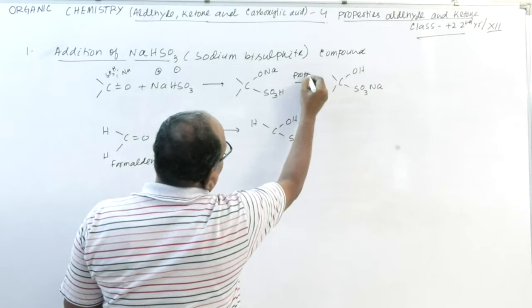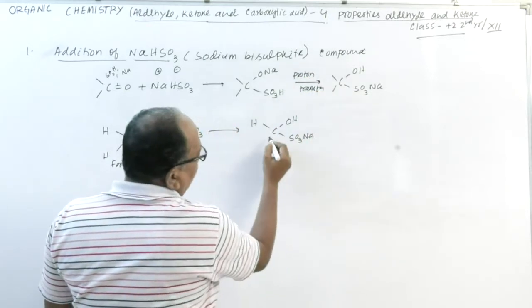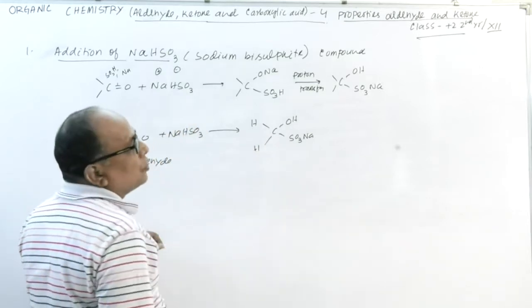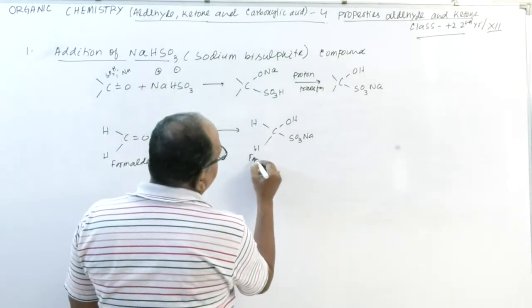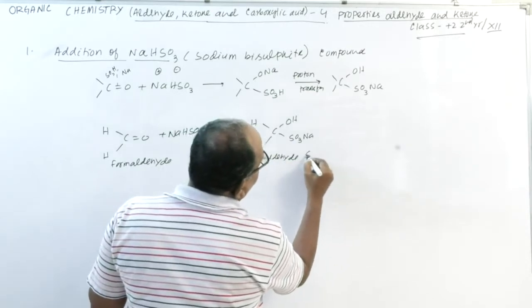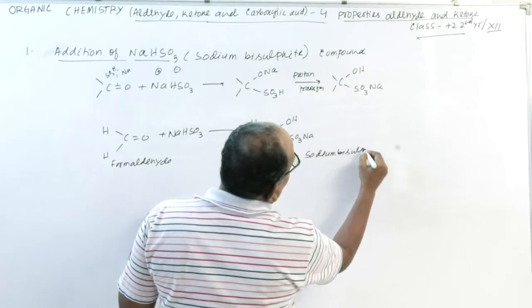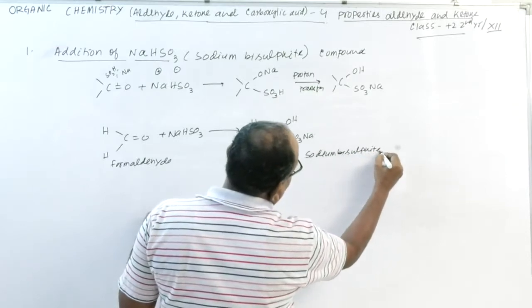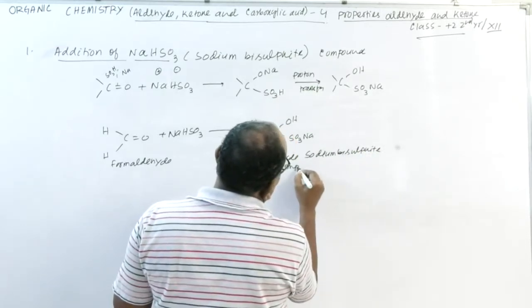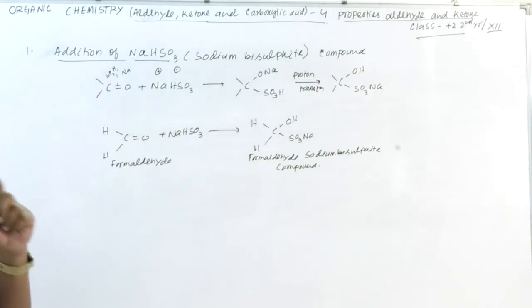This is called proton transfer, and this is the sodium formaldehyde bisulfite compound. This is a white precipitate.